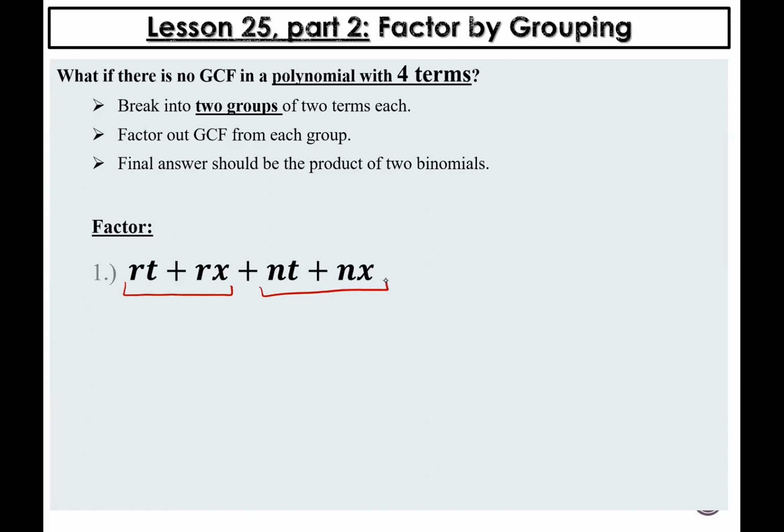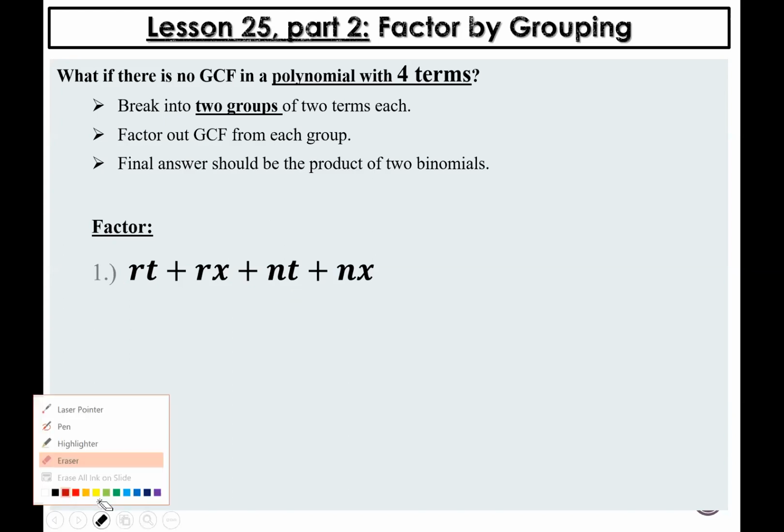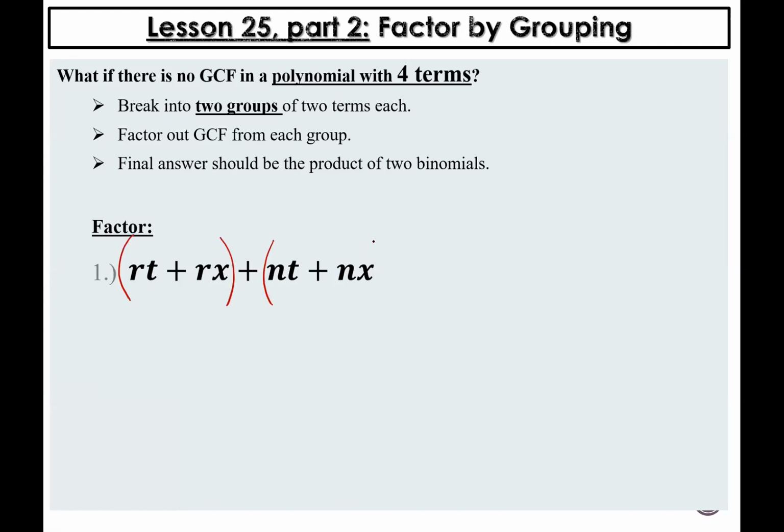I don't really like parentheses because then it does make it look like a FOIL problem. So I'll briefly show you what I mean so you can recognize it when you see it. Here's what you'll see sometimes. You'll see this. This is fine. Again, the reason why I don't like it as much is it makes it look like a multiplication or FOIL problem, which it's definitely not.